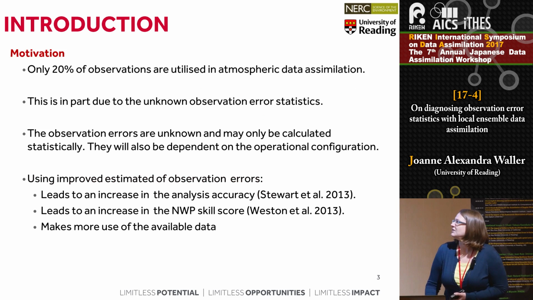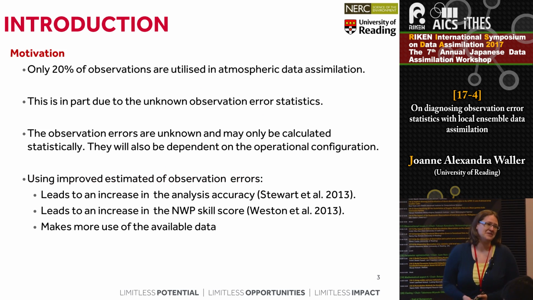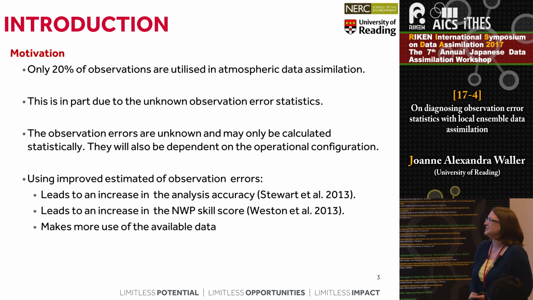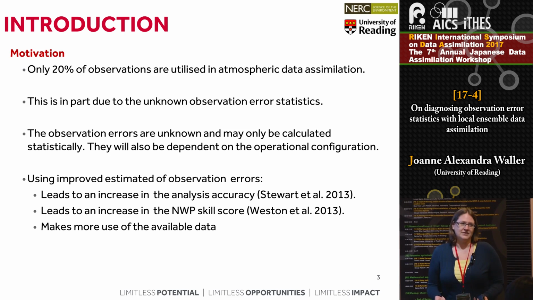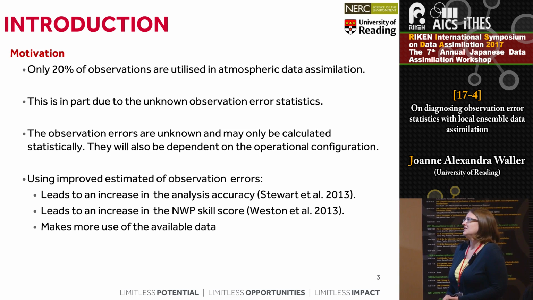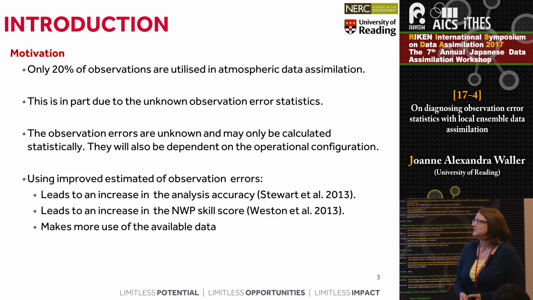Okay. So we heard a bit of this motivation. Why do we care about observation error correlations? It's partly because we are discarding a lot of data because we don't understand these statistics. And we have to calculate them statistically using some of the methodologies that I've just mentioned.